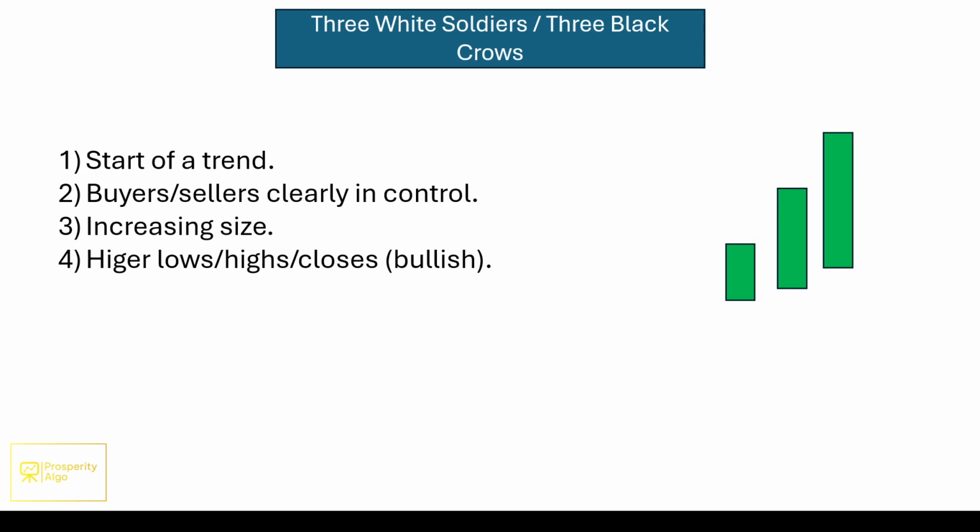I've also seen people often say that the gap between the closes or the gap between the highs has to be increasing because it shows that we are having continuous momentum in the market. But ultimately, this shows that we are clearly trending, we are clearly moving in one direction, be it bullish or bearish, and it does provide a good opportunity to ride the wave.